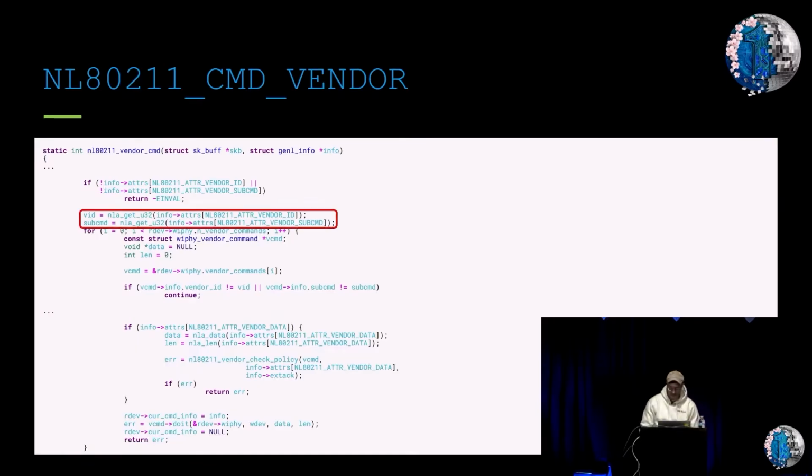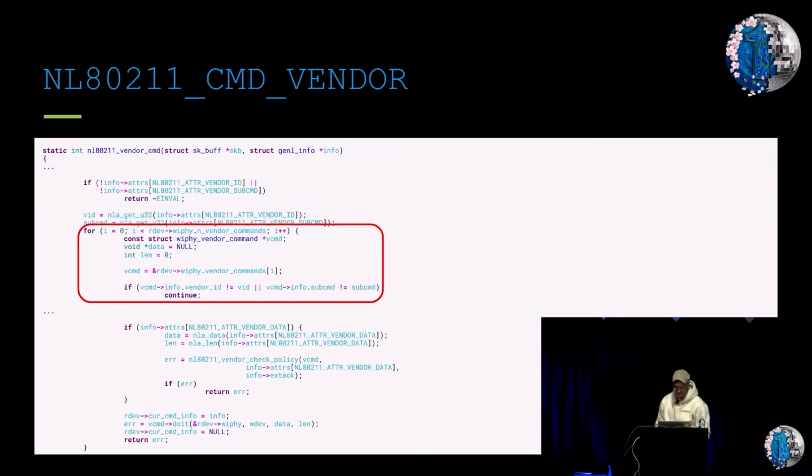So here, it handles it a little bit differently. We're going to come in here and grab two attributes, one of which is the vendor ID, the other is the vendor subcommand. These are basically just, I think, U32s or U8s.